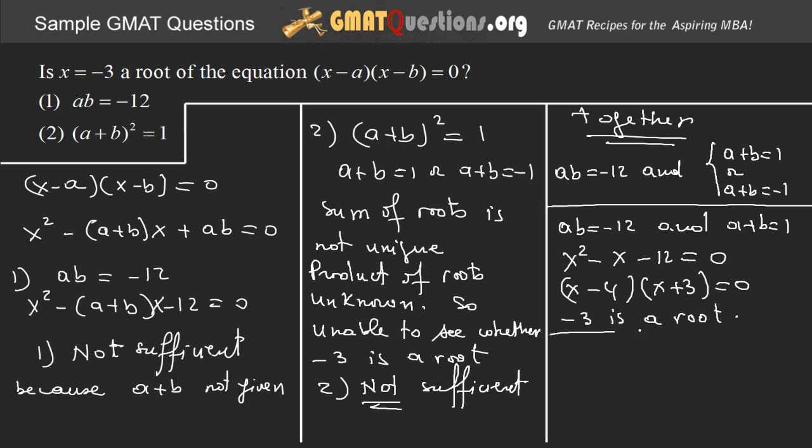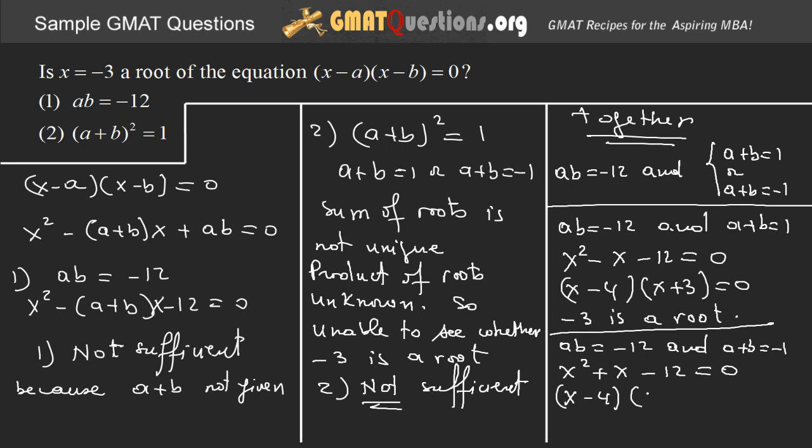Now, let's choose ab equal negative 12 and a plus b equal negative 1. In that case, the equation is going to become x squared plus x minus 12 equals 0, plus x obviously, because now a plus b is negative 1. It's just the opposite of what we have here. This factors as (x minus 3) times (x plus 4) equals 0.